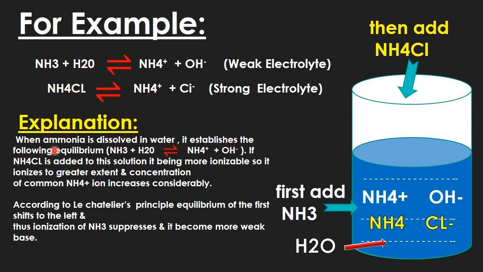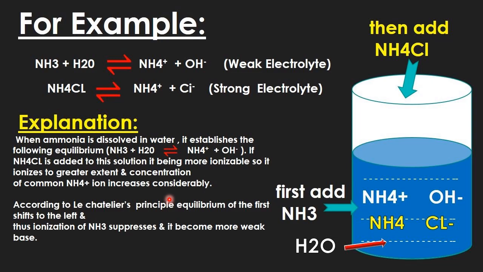When ammonia is dissolved in water, it establishes the following equilibrium. If ammonium chloride is added to this solution, being a strong electrolyte, it ionizes to a greater extent, and the concentration of the common NH4+ ion increases considerably. According to Le Chatelier's principle, till now I have not told the principle.